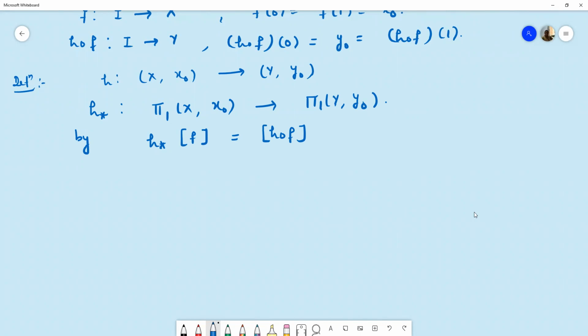So this mapping is a well-defined mapping, and this mapping is called the homomorphism induced by h, relative to base point x naught.